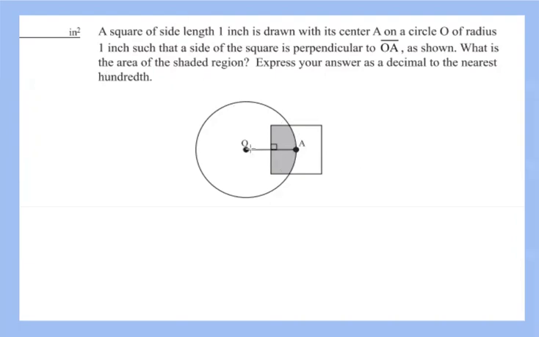So in this case, I have my center, I have this corner, the vertex of the square, but there is a really nice intersection of this square and the circle. Since we are trying to find the area in between those two, maybe it's helpful to connect these 2 points, which will give us a radius as well, which is also 1. I can do the same thing with the other side, but it doesn't really help, at least for now.